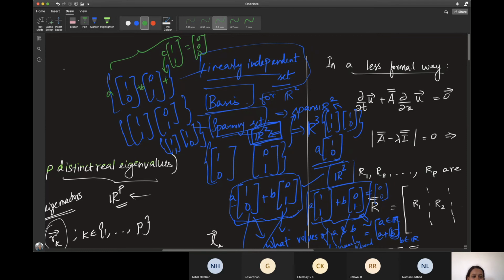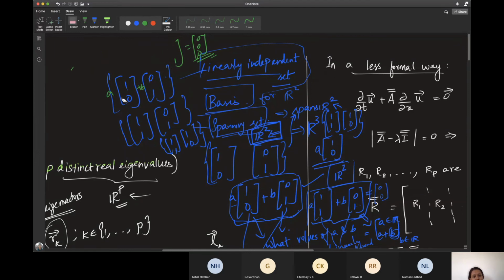Will A equal B equal C equal 0 be the only possibility for getting the 0 vector, or are there many other possibilities as well? Do we have other possibilities for A, B and C to get the 0 vector? Yes, ma'am, we have other possibilities. So now this set becomes linearly dependent. That is, they are not linearly independent anymore.